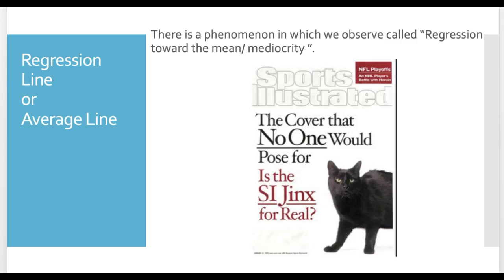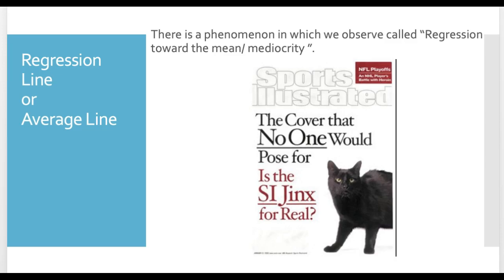What happened to a series of players is that after they were on the cover, they had a horrible season in comparison to before. This pattern kept happening. One of them, if you're at all familiar with football, is Tim Tebow. And if you're not, don't worry. He was a star college athlete, and he was on the cover of Sports Illustrated, and now I don't think he plays any sports anymore.